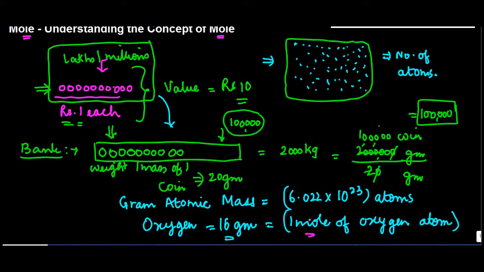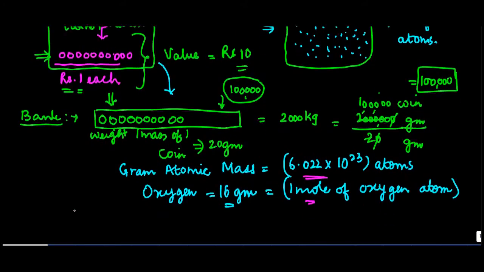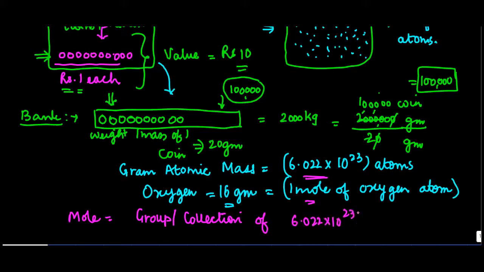This mole basically is nothing, but it is a group or a collection. Mole is a group or collection of 6.022 into 10 to the power 23 atoms of a substance.